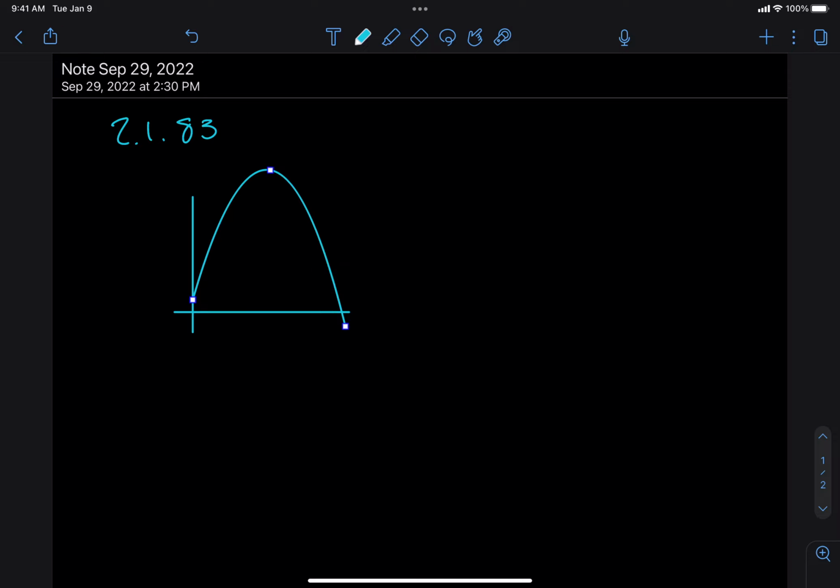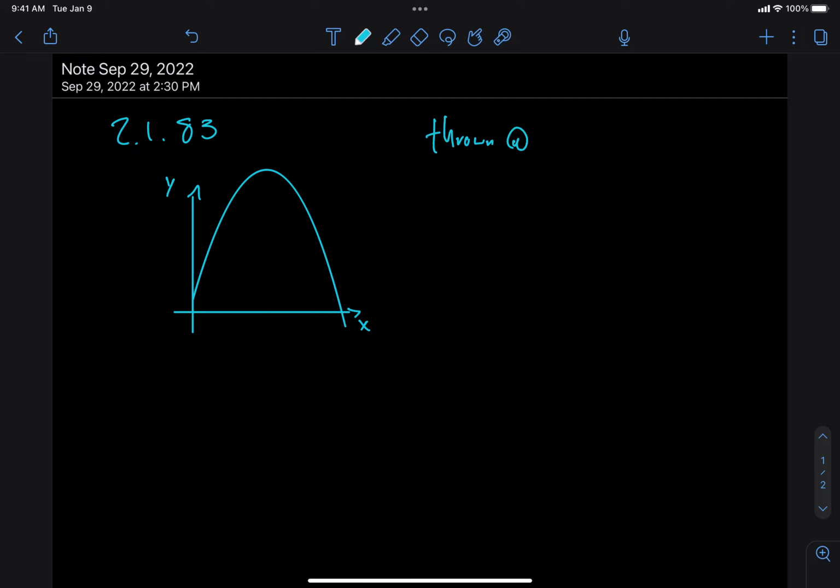They say that this is the y-axis, this is the x-axis, and this trajectory represents a baseball being thrown. So what does it say? I'm just writing it down.